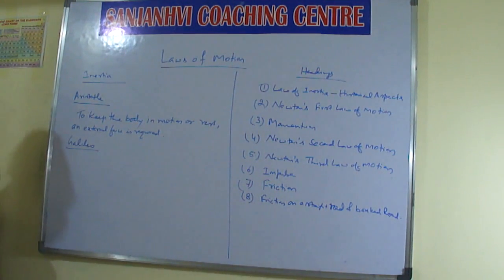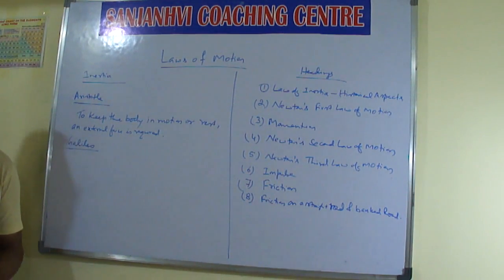So what is the funda? What he told is, what is actually happening when we are rolling a ball on the ground? After some time it stops. That stopping of the ball is not taking place due to an external force being applied. It is only due to the frictional force. Suppose there is no friction, that ball will keep on moving infinitely.